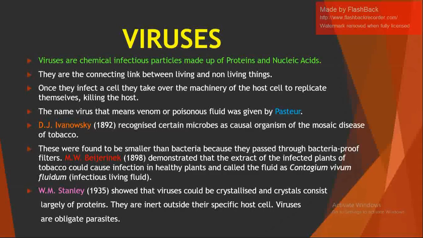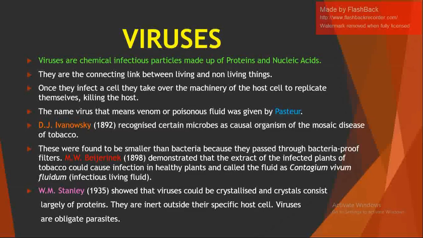There is another scientist by name D.J. Ivanovsky, in the year 1892. This person recognized certain microbes. They are referred to as microbes, but they are not organisms; these are the causal agents of the mosaic disease of tobacco.